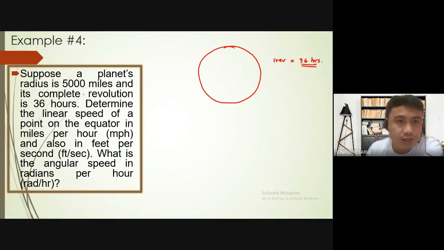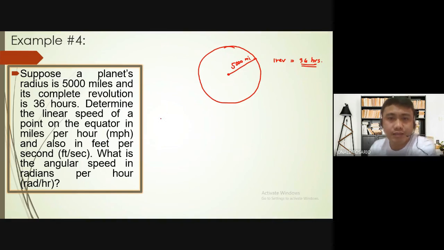Ano yung radius niya? 5,000. Ito na muna yung planet natin. So we have the radius which is 5,000 miles. And the question is, determine the linear speed of a point on the equator in miles per hour. Okay?